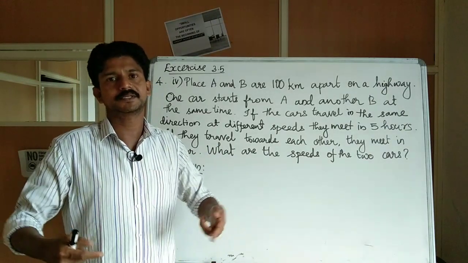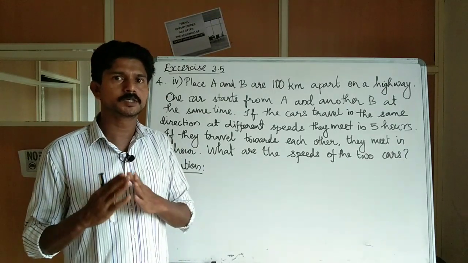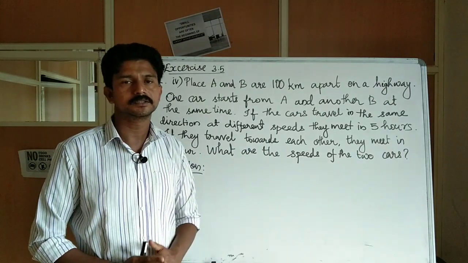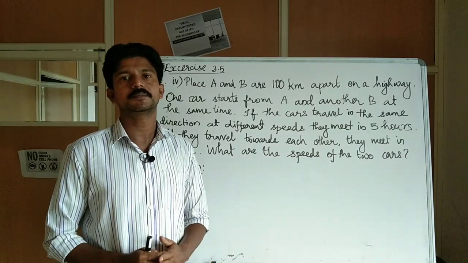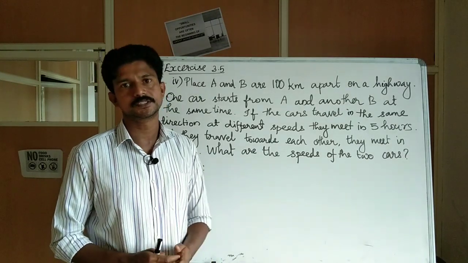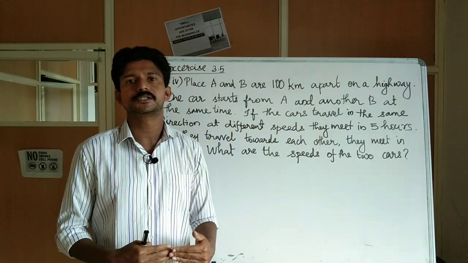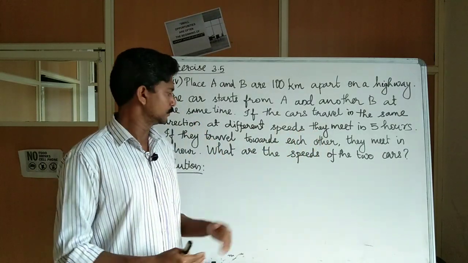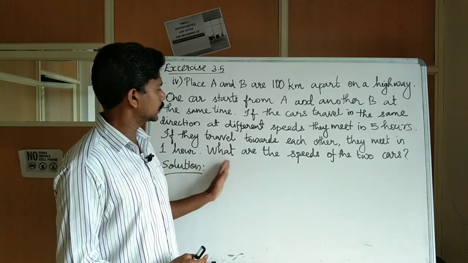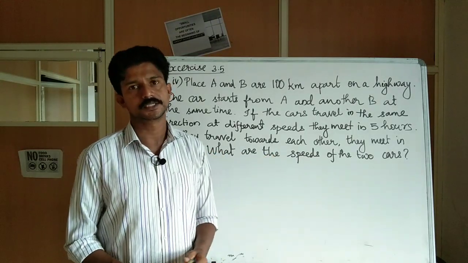If they travel in the same direction, they meet in 5 hours. If they travel opposite to each other, they meet in 1 hour. So we are asked, what are the speeds of the two cars?